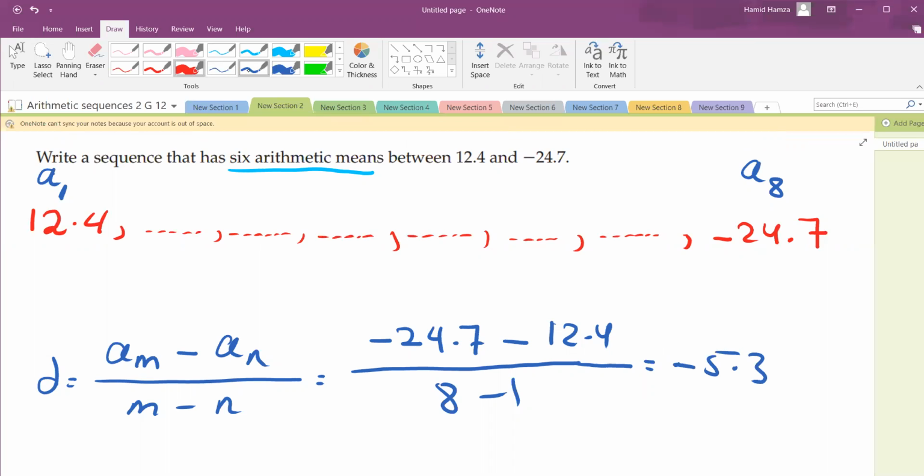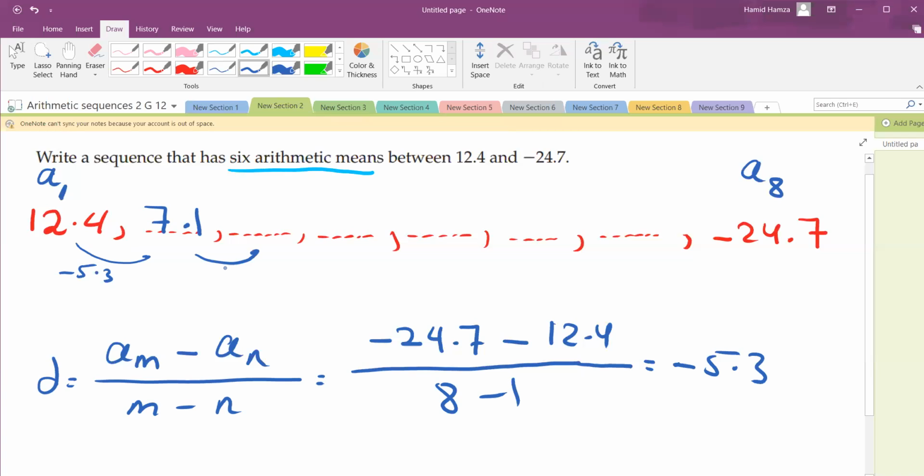Now it's very easy to add negative 5.3 and get the missing terms. So I'll start by adding negative 5.3 to 12.4, which will be 7.1.